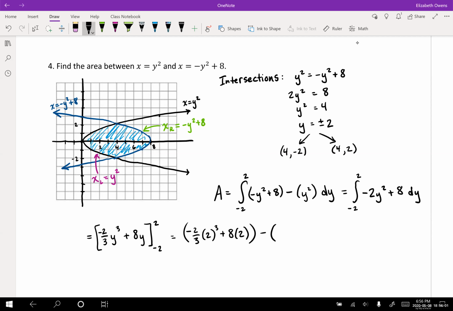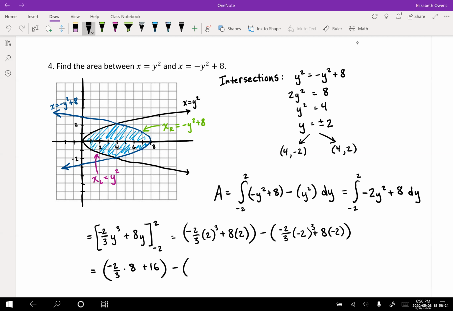And then subtract and plug in negative 2. So there we have negative 2/3 times 8 plus 16 in the first set of parentheses.